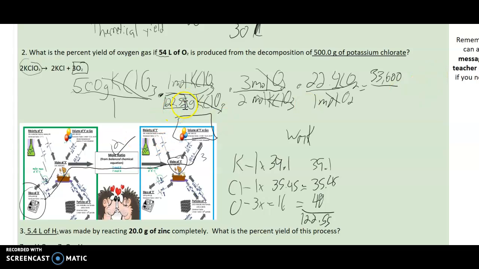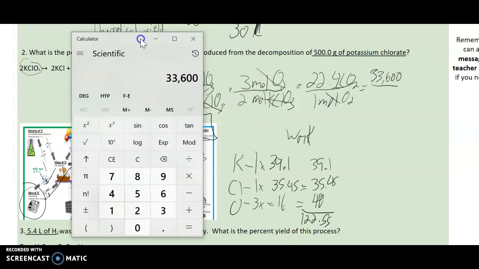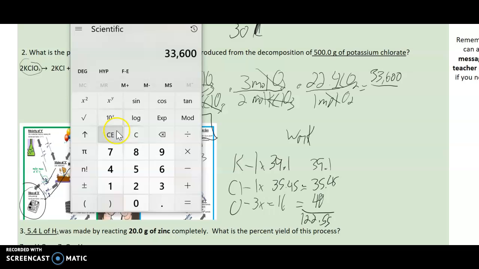Now the bottom: I'm going to get 122.55 times 2. The bottom number is going to be 245.1.